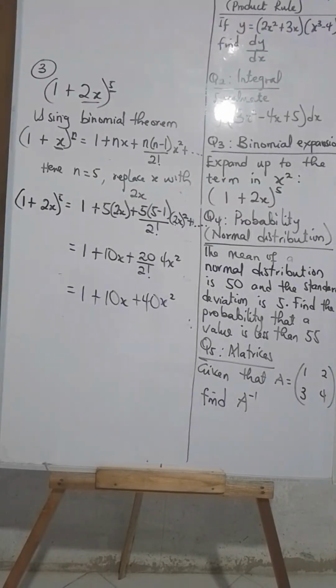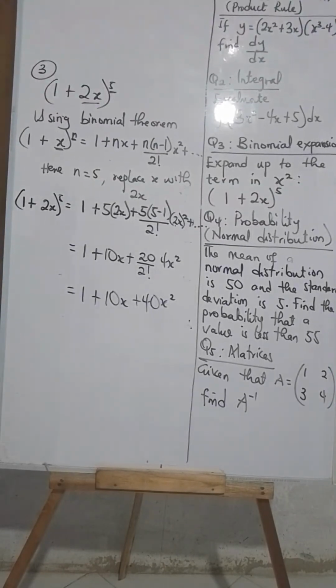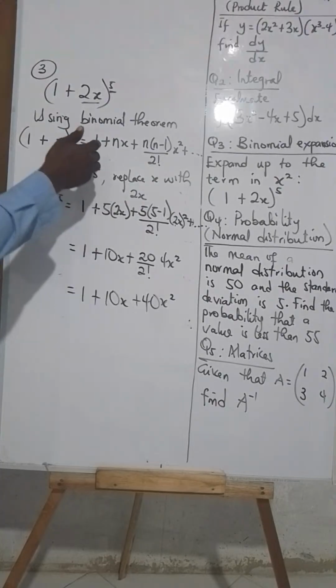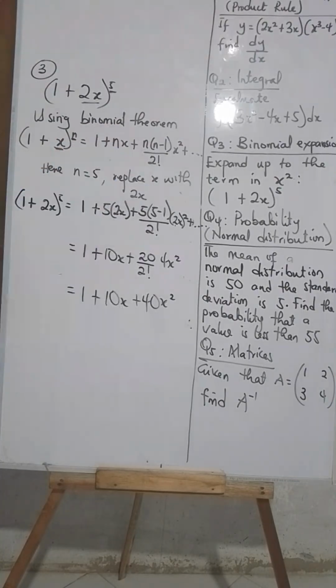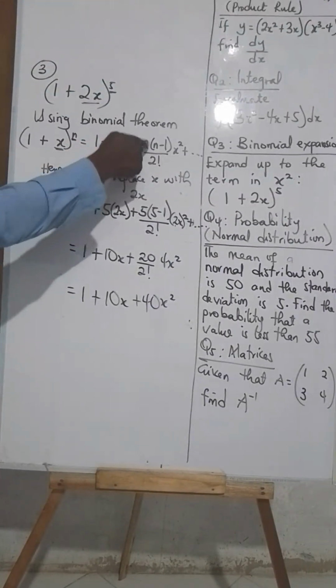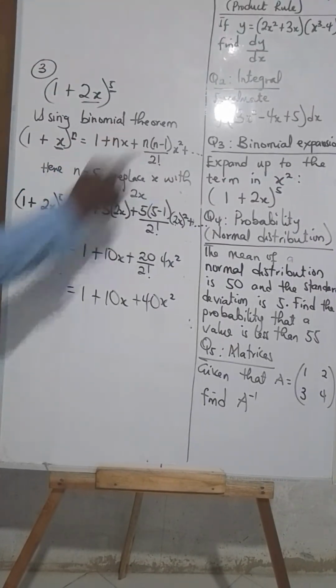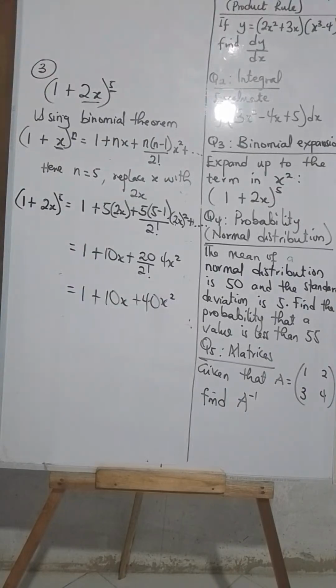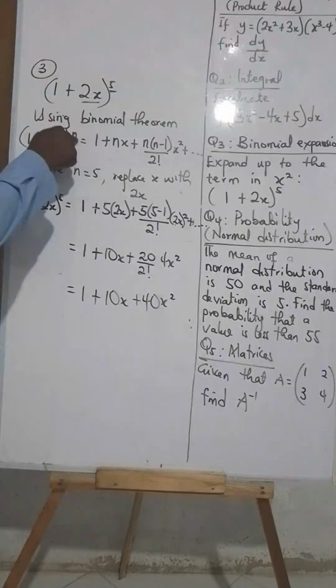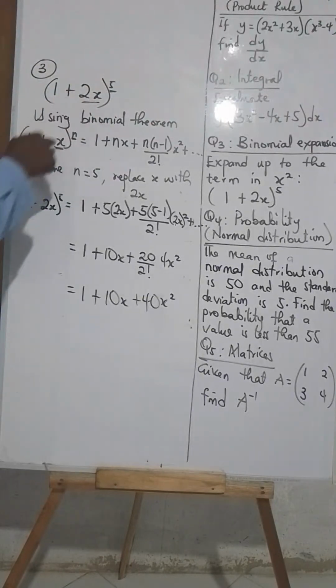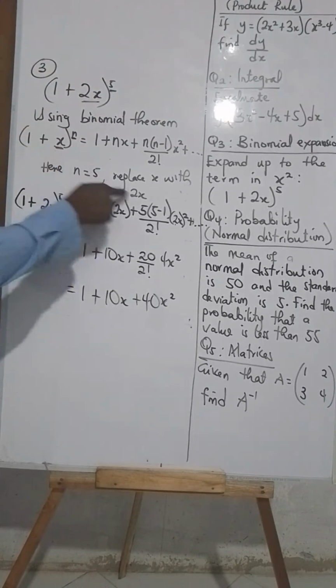Look at it well. This one is not difficult. We have the binomial theorem here: 1 plus nx, then n(n minus 1) on 2 permutations x squared. Here n is 5, and we replace the x with 2x.